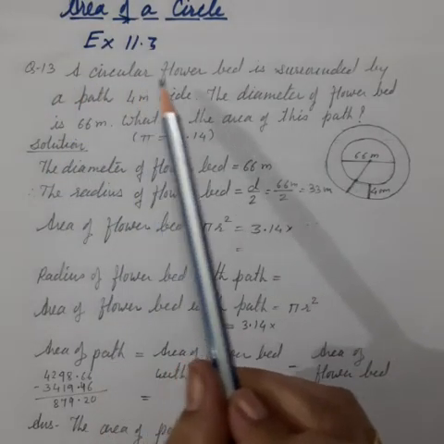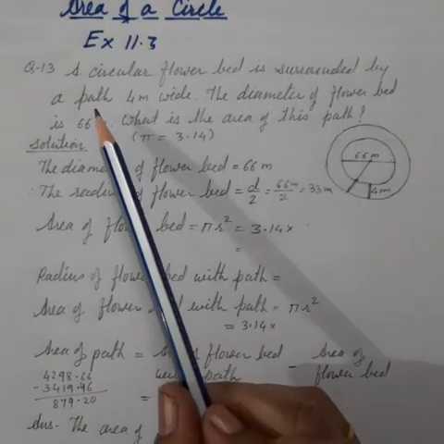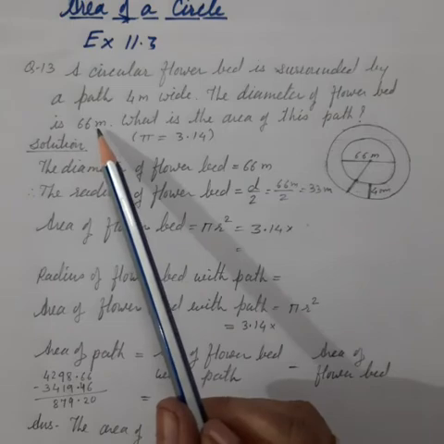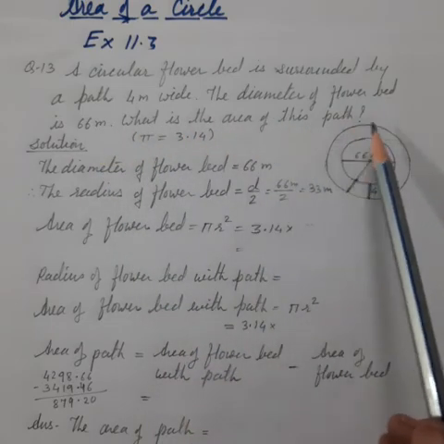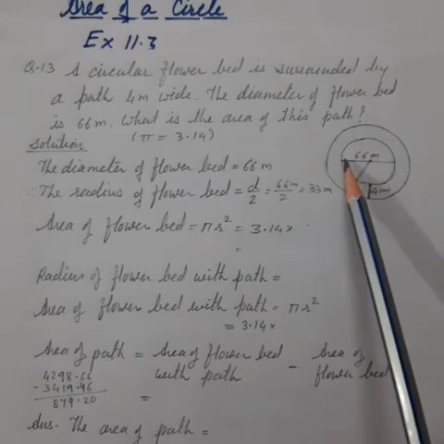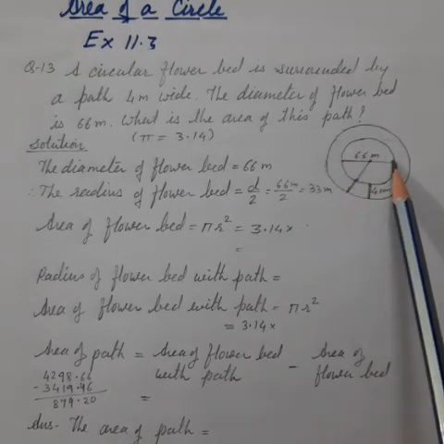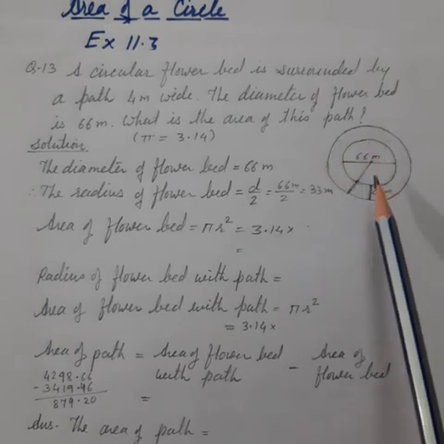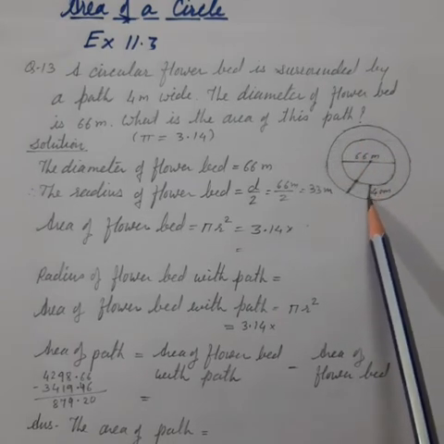Question 13. A circular flower bed is surrounded by a path 4 meter wide. The diameter of the flower bed is 66 meter. What is the area of the path? Here a circular flower bed which has diameter 66 meters is surrounded by a path. The width of the path is 4 meter.